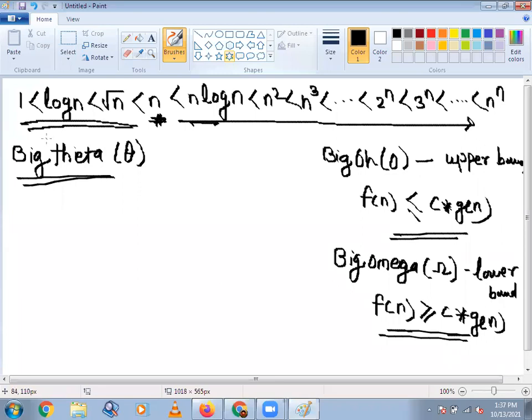So there are two functions f of n and g of n.